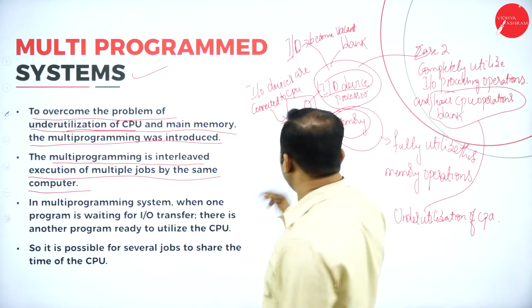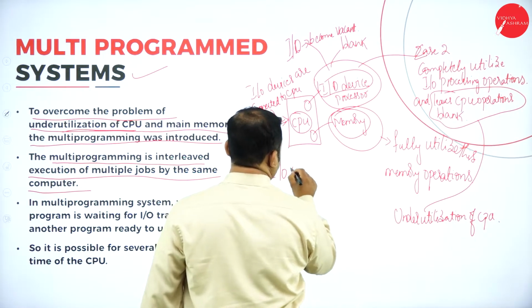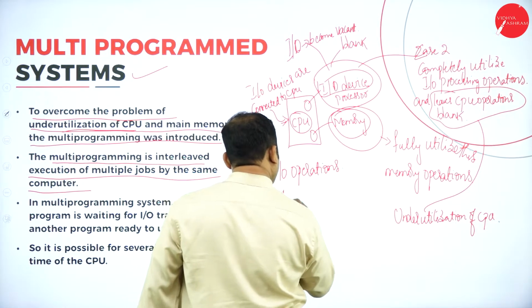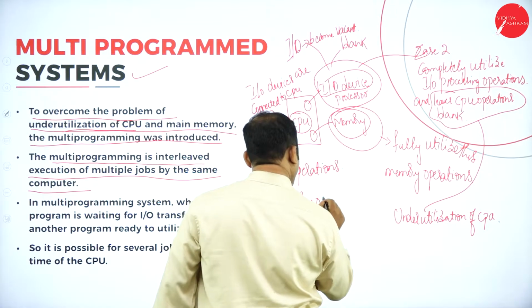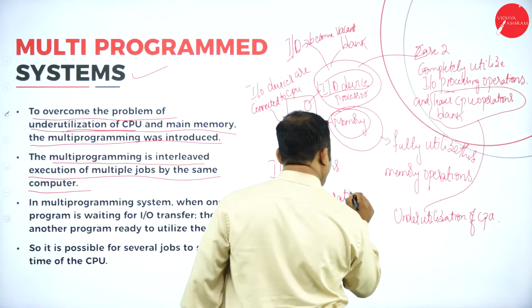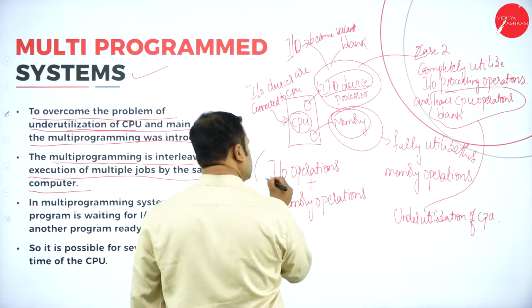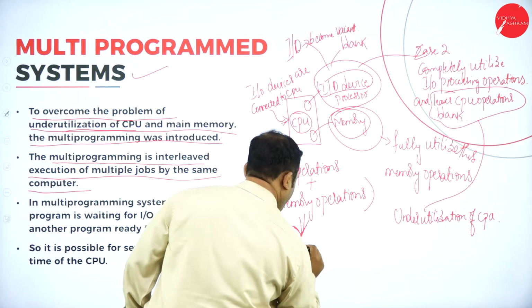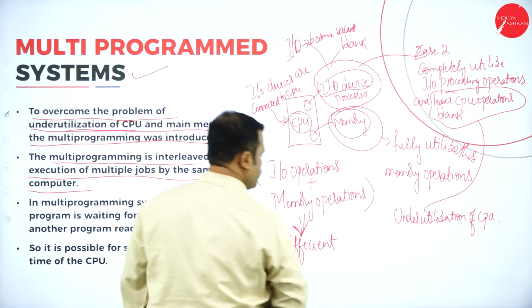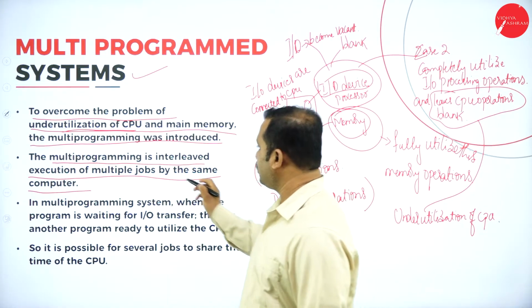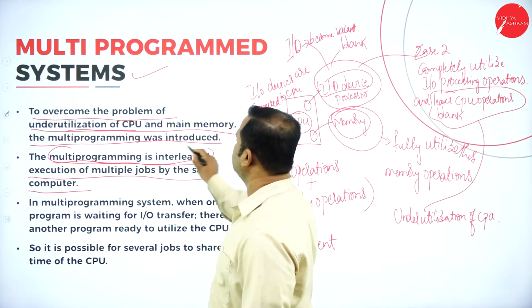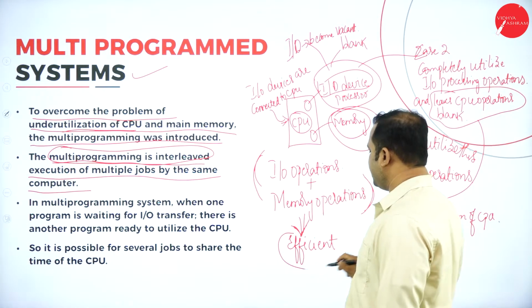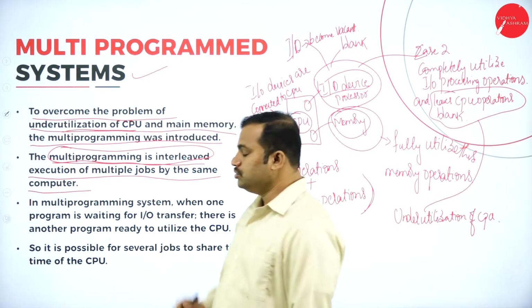If there is a balance of I/O operations and memory operations, that is, a mix of these makes the system efficient. By making the system multi-programming, it becomes balanced and efficient.